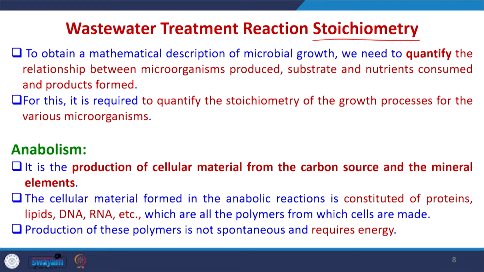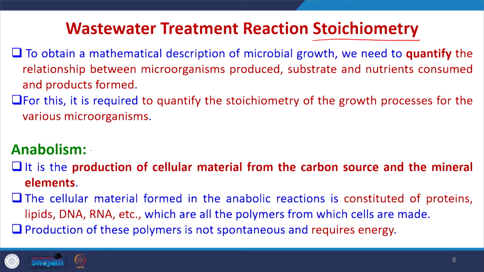To obtain a mathematical description of microbial growth, we need to quantify a relationship between the amount of microorganism produced with respect to the substrate and the nutrients consumed and other products formed during the reaction. So, this is very important for understanding the microbial growth. In this regard, it is required to quantify the stoichiometry of growth process for the various microorganisms under various conditions.